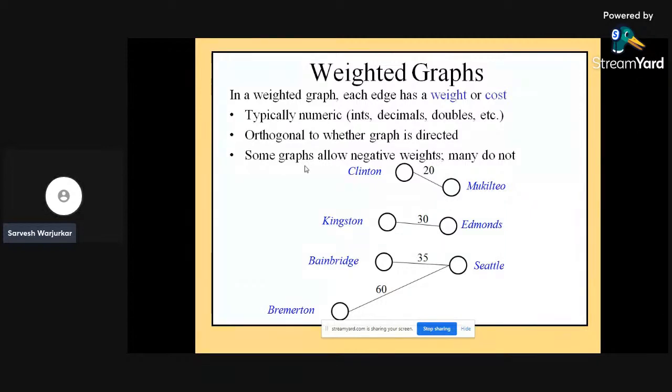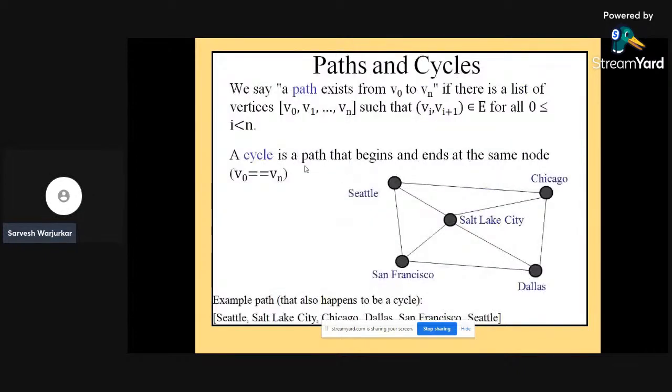It may be of any unit. Then there is whether the graph is directed. Some graphs allow negative weight, many do not carry negative weight, and so on. So this is all about the weighted graph, where the edge has a weight.